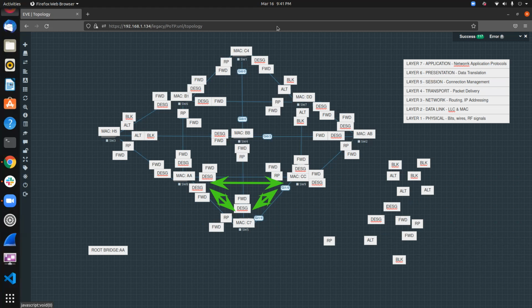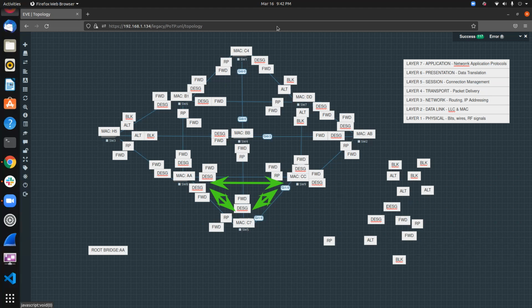Because RP switch 4 doesn't have a direct link to the root, does it? So if it doesn't have a direct link, with all the knowledge that you have about converging, break this topology down into smaller triangles.